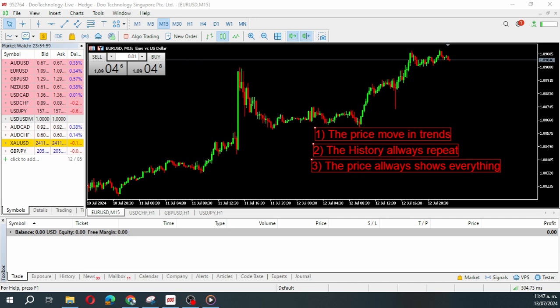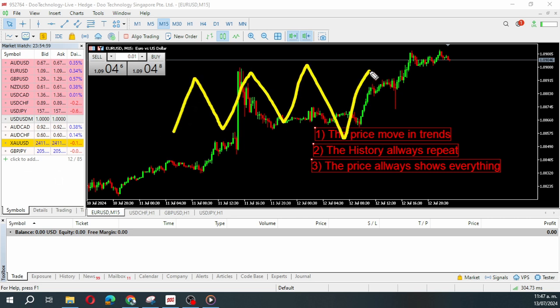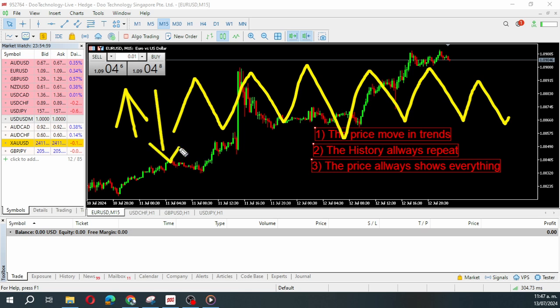And the third kind of trend is the sideways, right? What is a sideways? A trend like this that you don't know what is going on. It isn't up and isn't down, so you don't know, but it only keeps moving in the same kind of pattern, only highs and lows, but no higher and no lower.